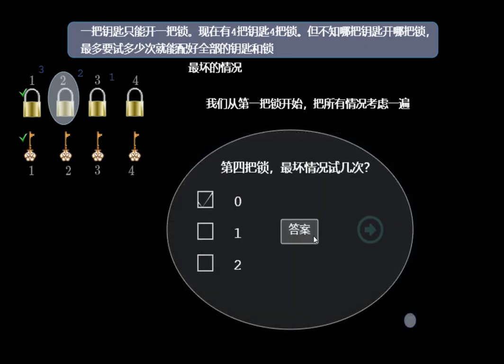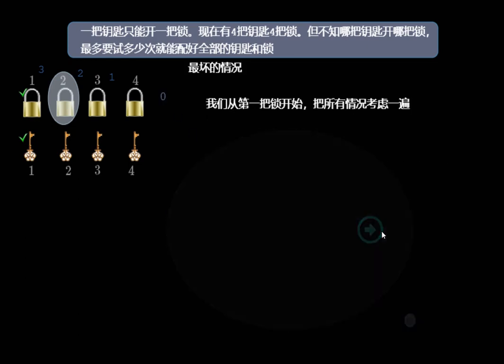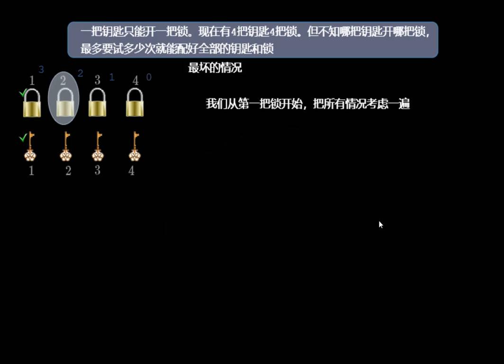No need to try. Finally, add up the results and the answer is 6. The idea of this problem is to consider the worst-case scenario and calculate step by step.